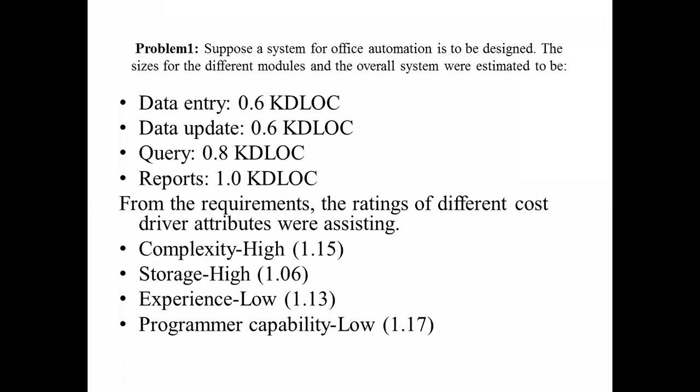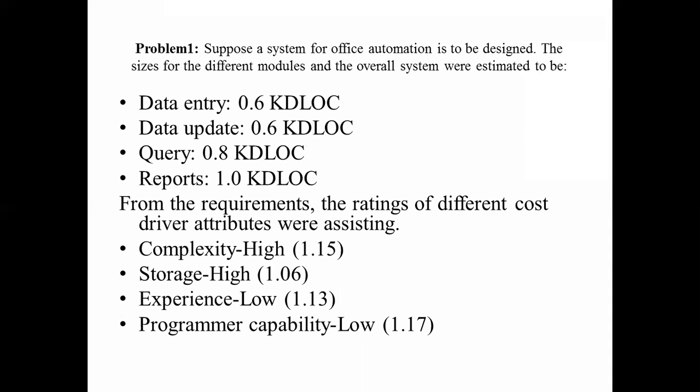The remaining attributes, or the cost driver attributes, have a nominal value. It means it must be equal to 1. Okay, so whenever you are going to calculate the value of EAF, effort adjustment factor, then you have to multiply all these given multiplying factors.